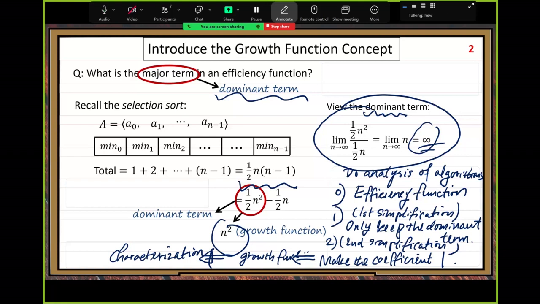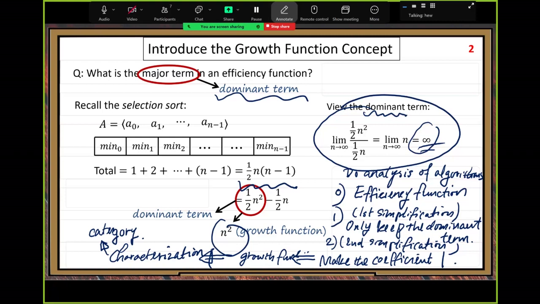Let me further explain the category, because we want to put it in a certain category.